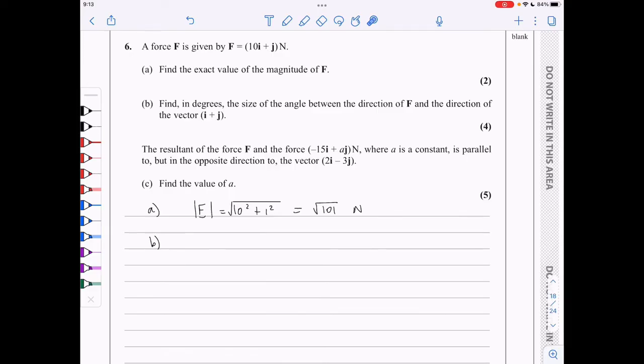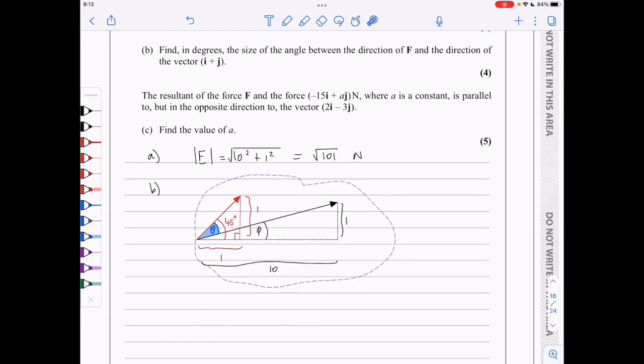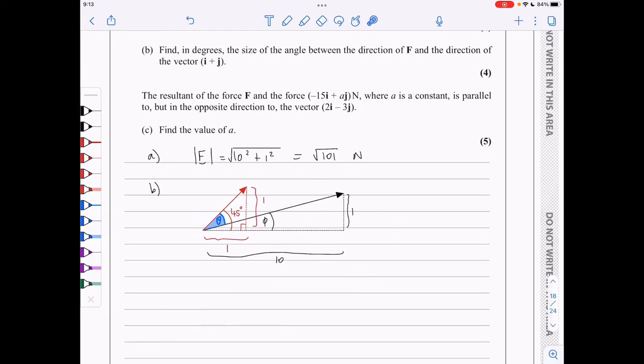Now it certainly makes sense to quickly draw a diagram to illustrate what's happening here, and this is what we have. This is the force F. It's going 10 to the right, 1 up. I'm calling this angle here phi. And then we've got the other vector here, which goes 1 to the right and 1 up. It's obviously an isosceles right-angled triangle, so this angle here is 45 degrees.